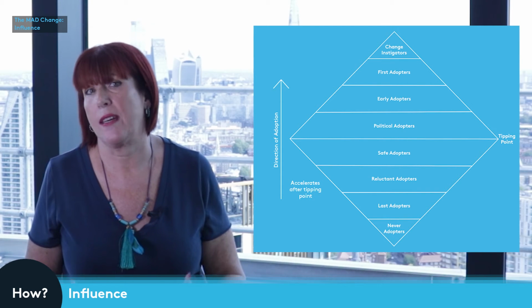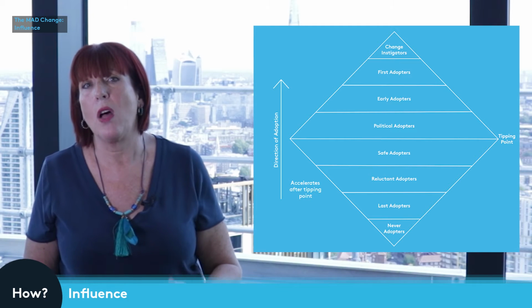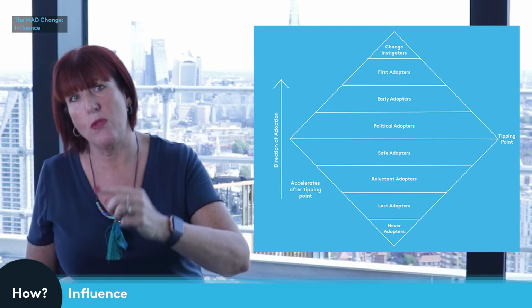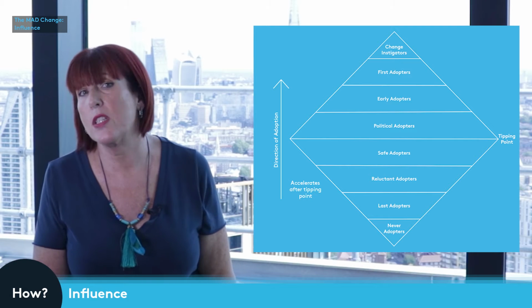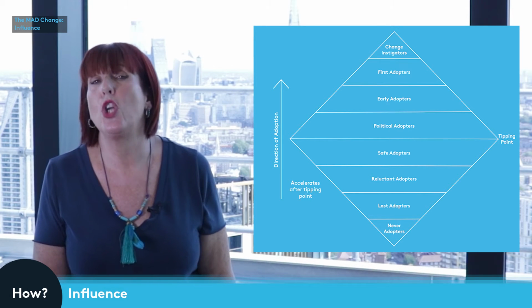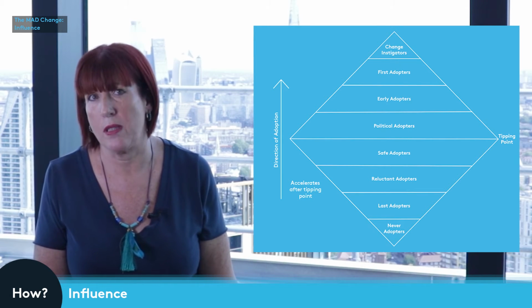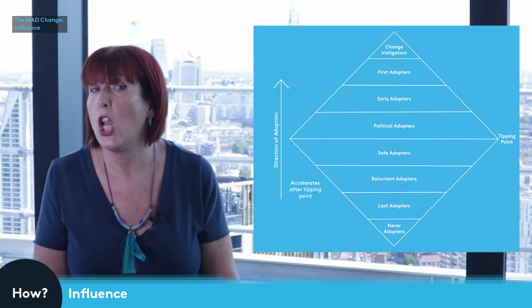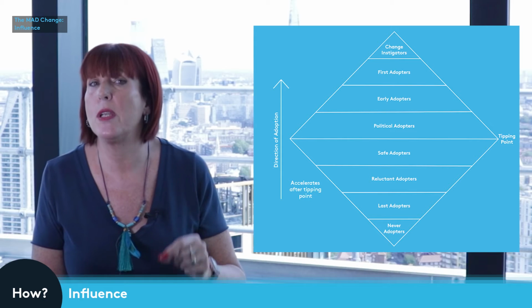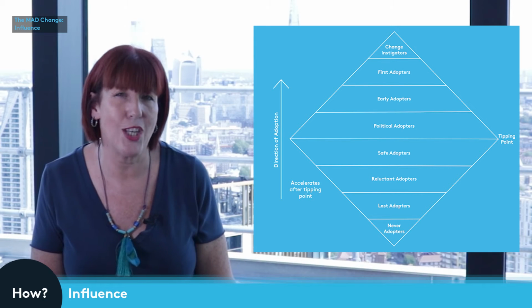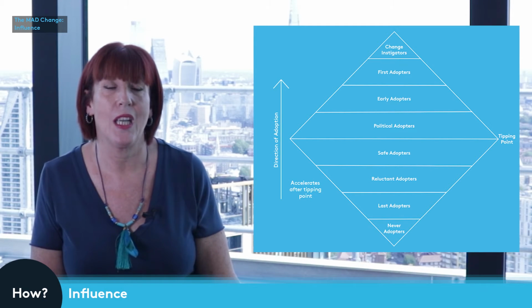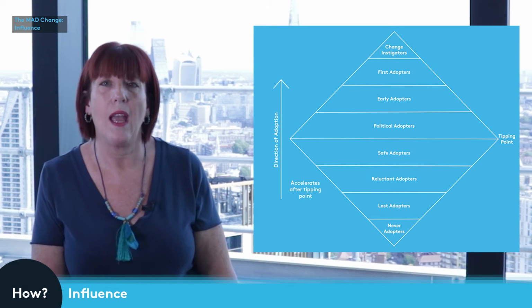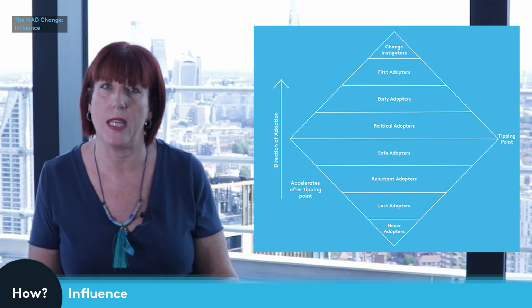Now, what we're suggesting is that rather than wait to influence from the top and let those waves come through, you use those key influencers at each level of the adoption stage. You'll know who they are because you undertook that at the investigation phase. So who are your influencers at that political adoption stage?